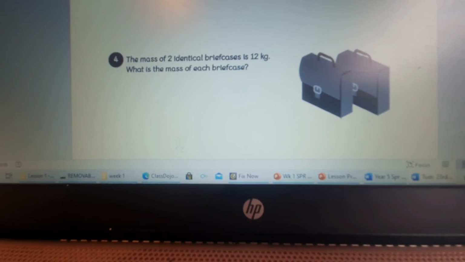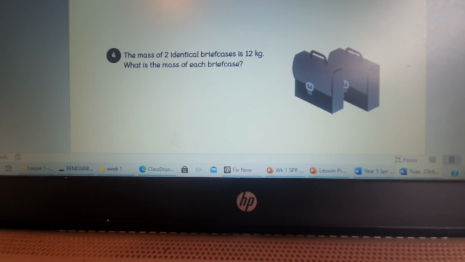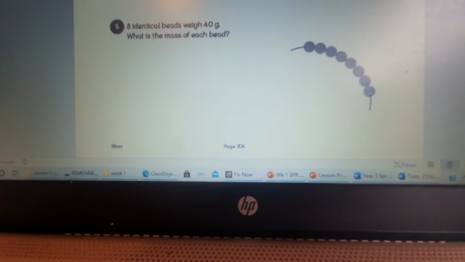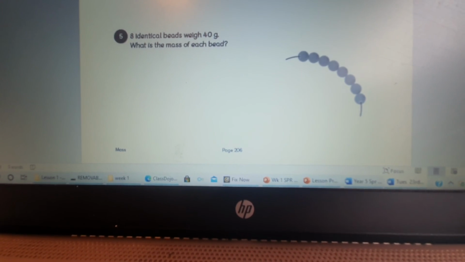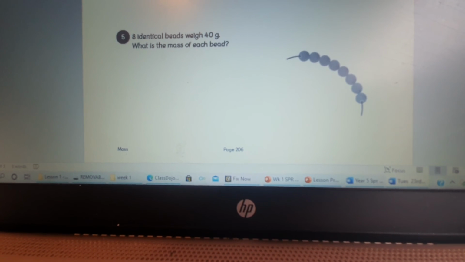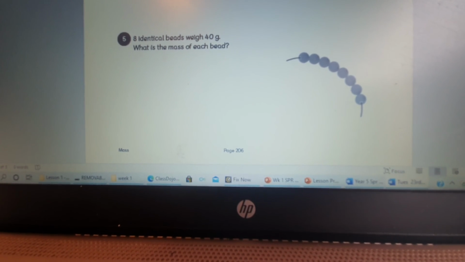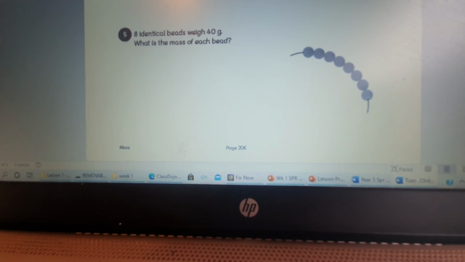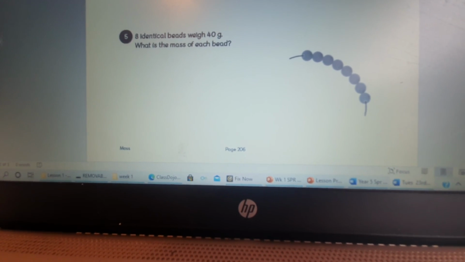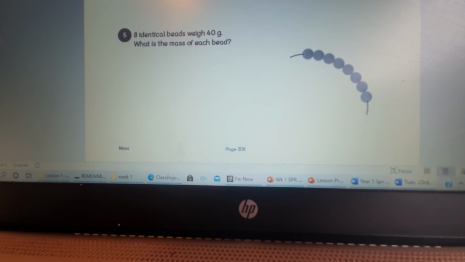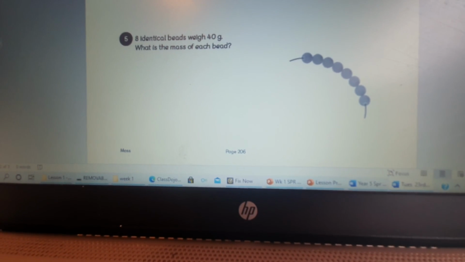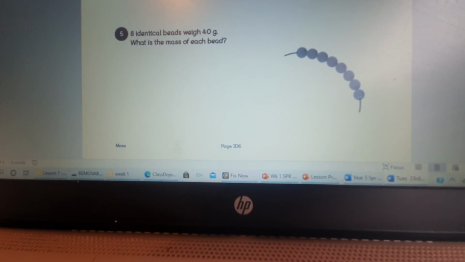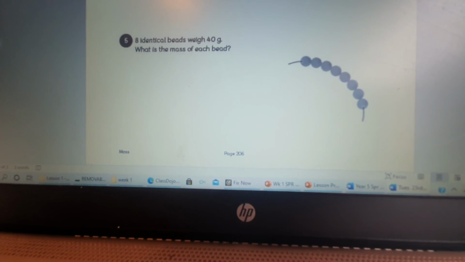So for 2 of them, it's 12, but we need to know what it is for 1 briefcase. And the next question, 8 identical beads weigh 40 grams. What is the mass of each bead? So we need to know what it is for 1. So 8 beads equals 40 grams. So how many 8s are in 40?